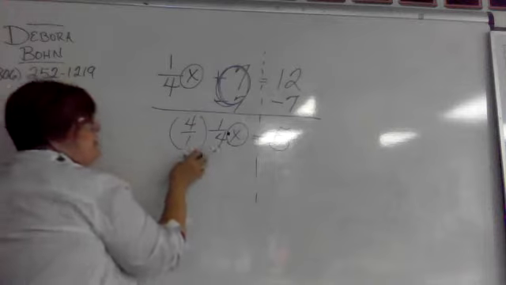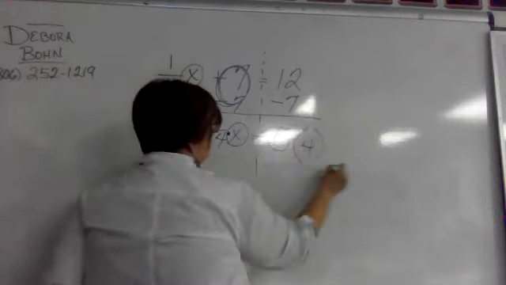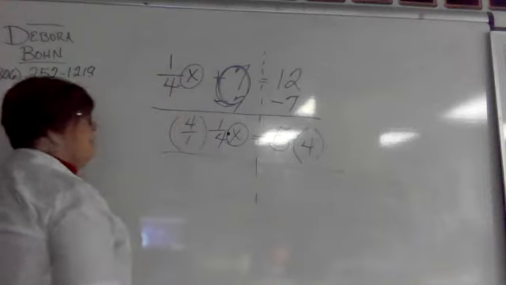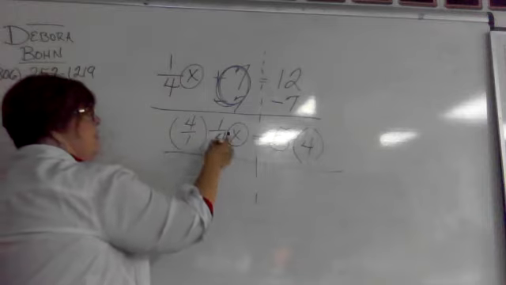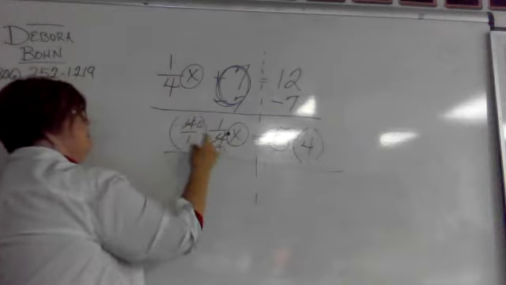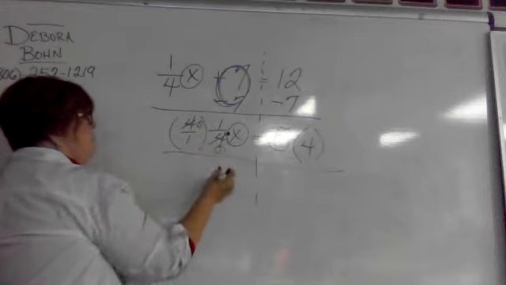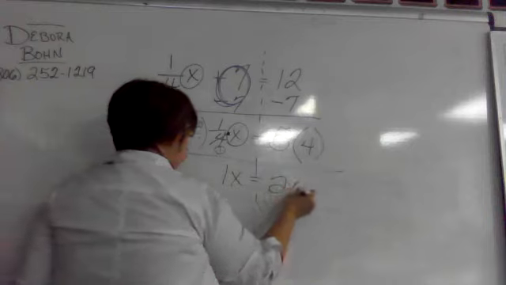And whatever I do to this side, I have to do to this side. So I see a top and a bottom, numerator and denominator that will divide by the same thing. Gives me 1. 1 times 1, 1 times 1, I have 1x equals 20.